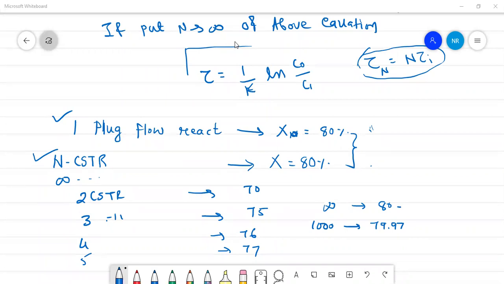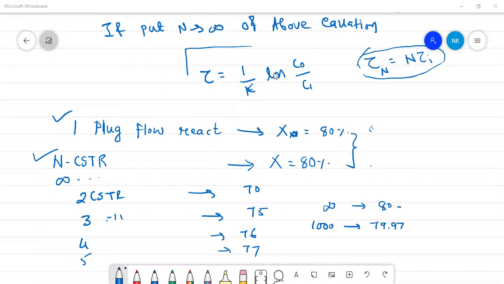This is the final fundamental that I would like to tell you regarding n number of CSTR. Now we'll calculate one example based on it in the next class. In the next class, we'll calculate one example where one plug flow reactor is replaced by 5 CSTR.